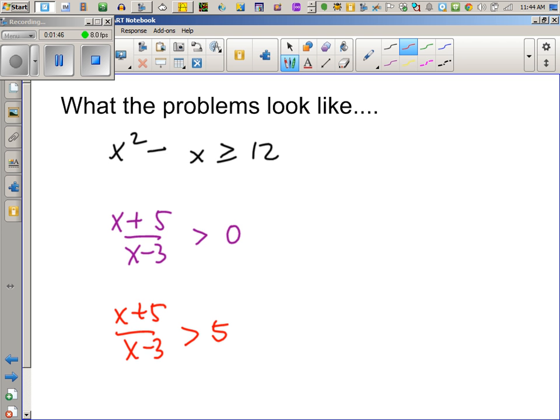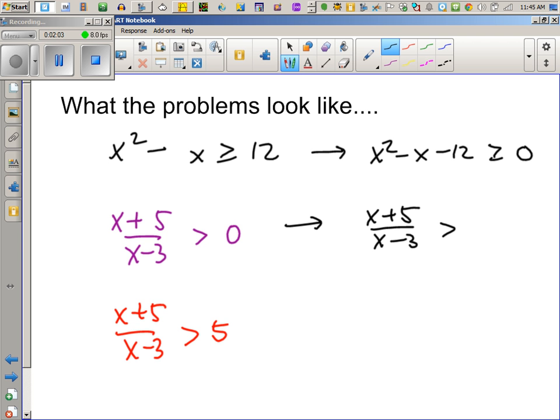Now, what I want to show you is that all of these can be written in the same form before starting. This one you could write as x squared minus x minus 12 is greater than or equal to 0. And this one is already greater than 0. And this one could be written as (x plus 5) over (x minus 3) minus 5 is greater than 0.